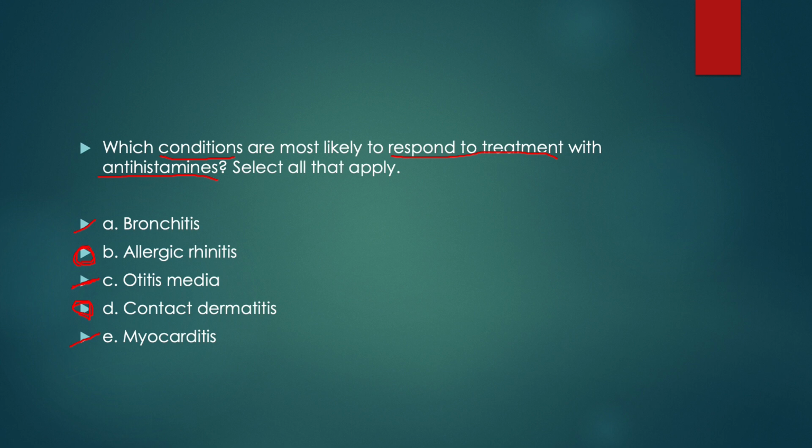Those are going to be affected by that antihistamine, and the only things that we have that represent that mediated response, that's going to calm down that inflammatory process, are going to be B and D, final answer. And the rest of it is just too complicated for antihistamines to do anything, or it's just not even indicated.